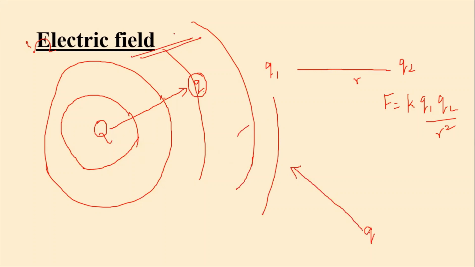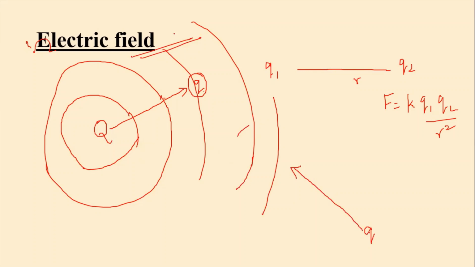So electric field or electric field intensity is the region around the charge where you experience the force. This force can be experienced only when you try to bring another charge near to this charge.